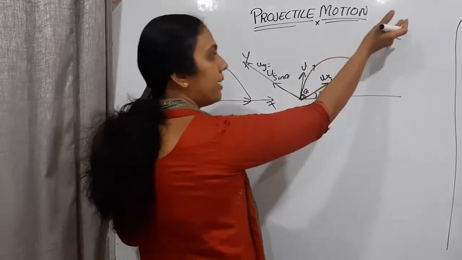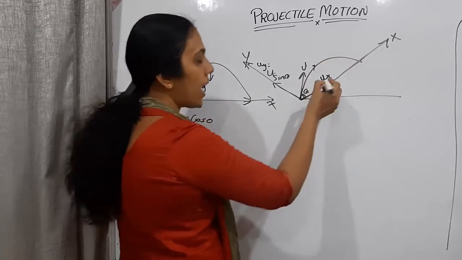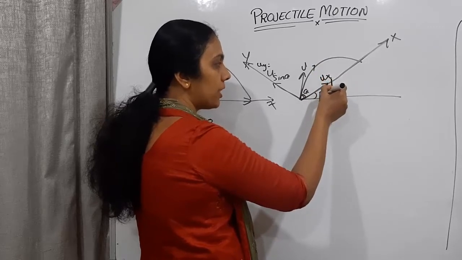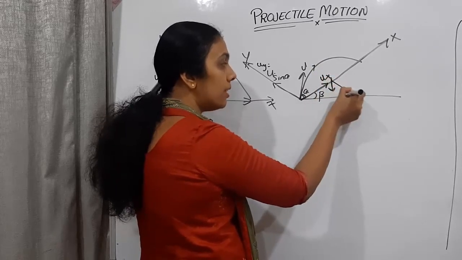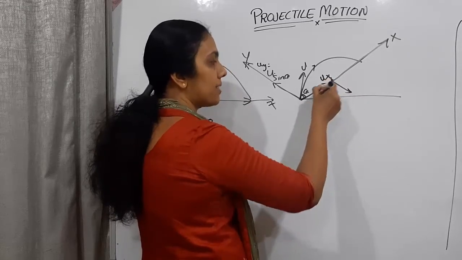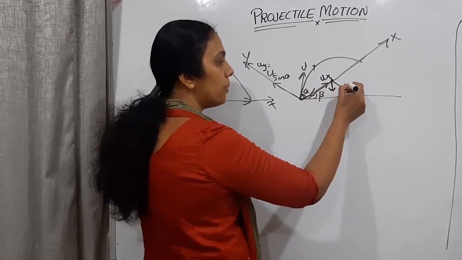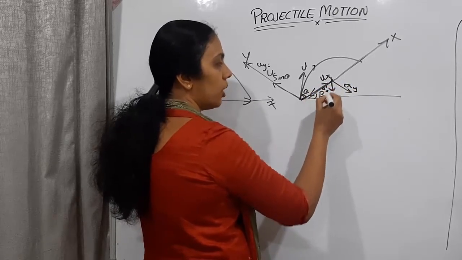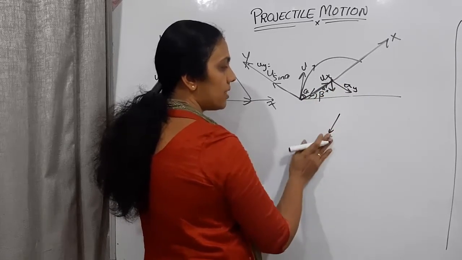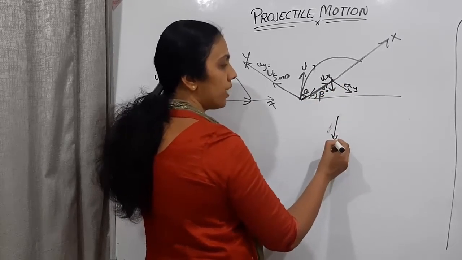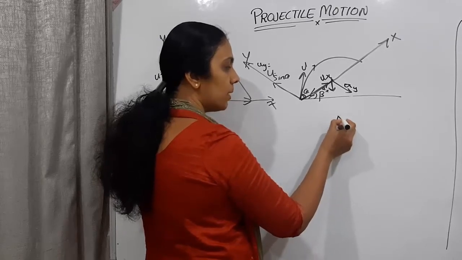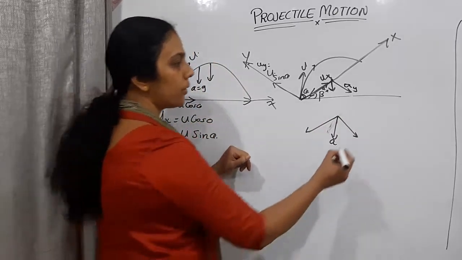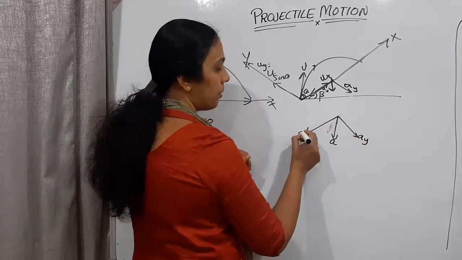But here the plane itself is inclined, so acceleration is not acting exactly perpendicular to it. Acceleration makes an angle with the y-axis and x-axis. So here this will be the acceleration along the y-axis and this will be the acceleration along the x-axis. The acceleration is acting exactly downwards, but its components will be one along this axis and the other along this axis. Here this will be ay and here it will be ax.